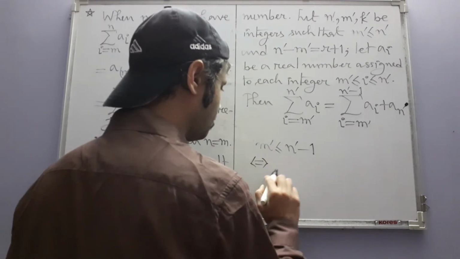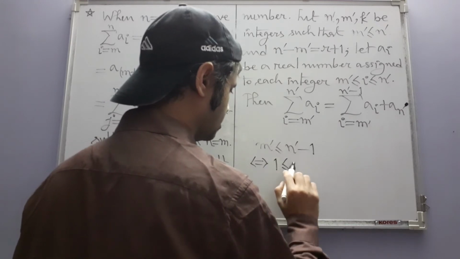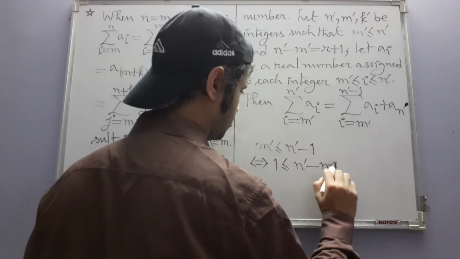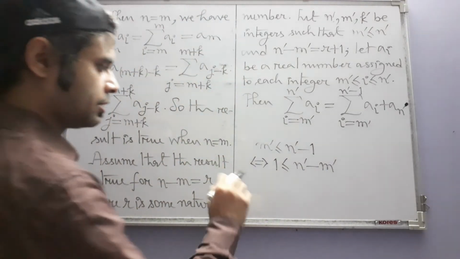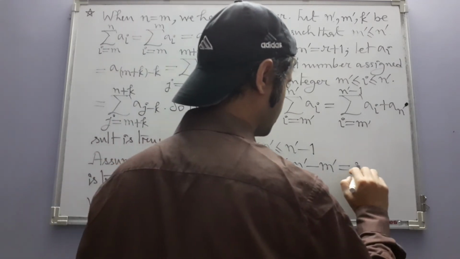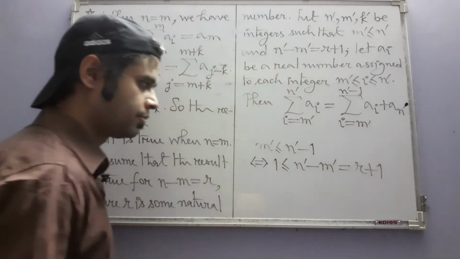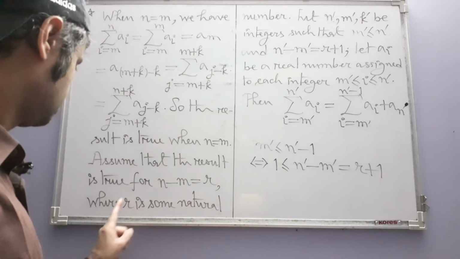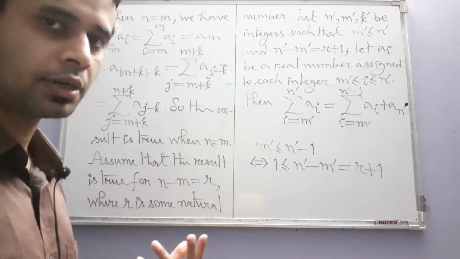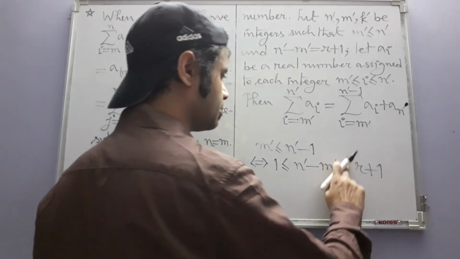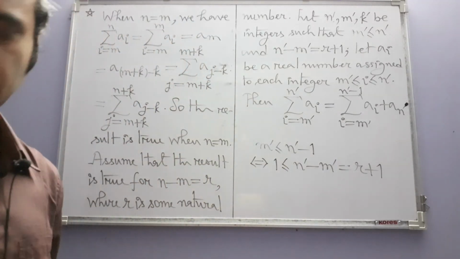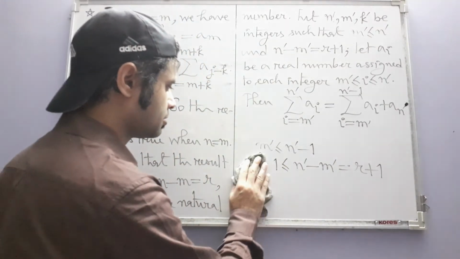That means equivalently we want this. But this will happen because this is what? R plus 1. R is some natural number, so the least value of R is 0. In any case, this is greater than or equal to 1. So yes, we can apply the induction hypothesis.